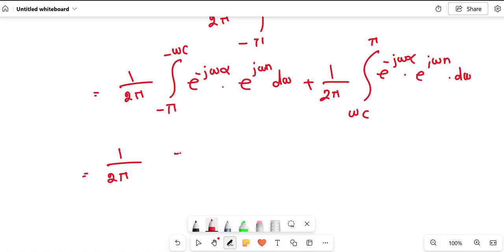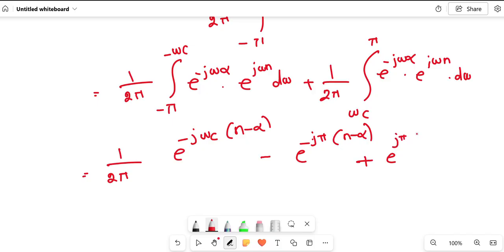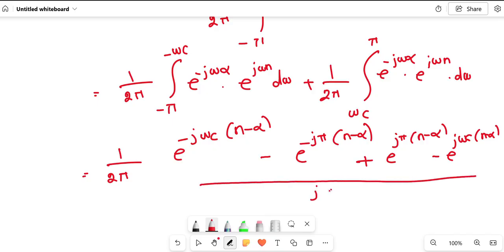You can integrate these two terms: e power minus j omega c into n minus alpha, minus e power minus j pi into n minus alpha, plus e power j pi into n minus alpha, minus e power j omega c into n minus alpha, divided by j into n minus alpha.